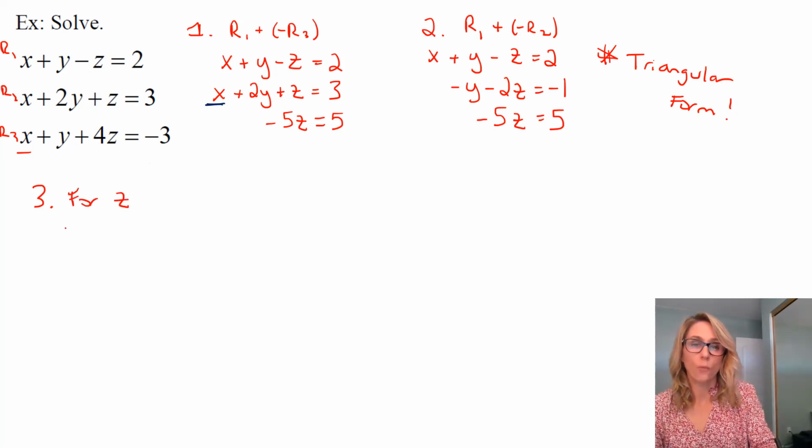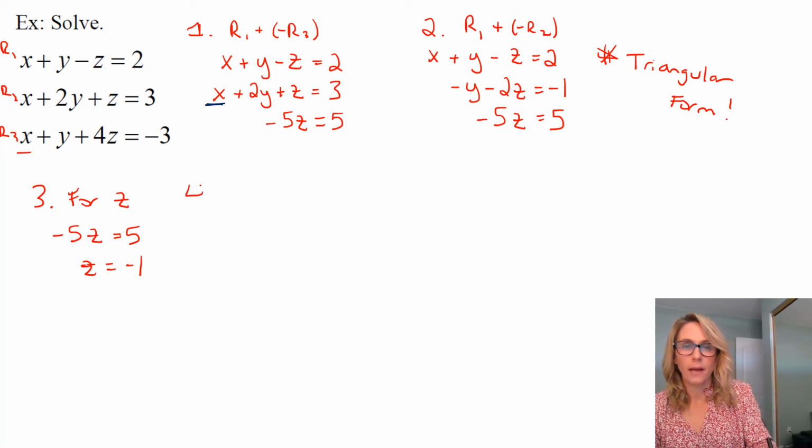So I will start with solving for z. It's just a one-stepper. We get z equals -1. That allows us to then solve for y. We have -y minus 2z, z being a -1. That gives us -y plus 2, -1.